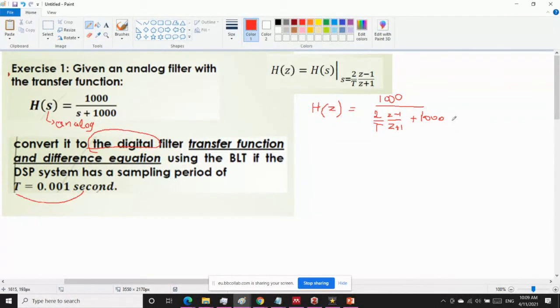So it's just a matter of algebra now. Two over T means 2 over 0.001, which is 2 over 10 to the power of minus 3, which is 2 times 10 to the power of 3, that is 2000. So this thing is 2000.